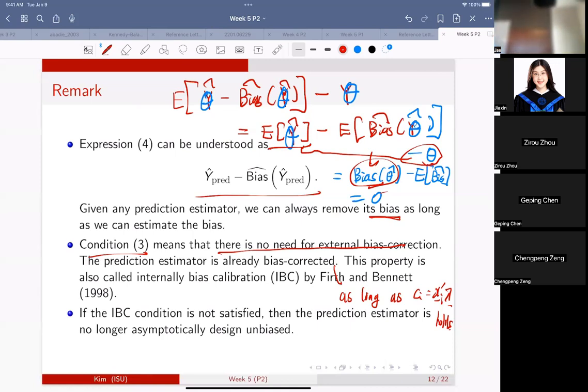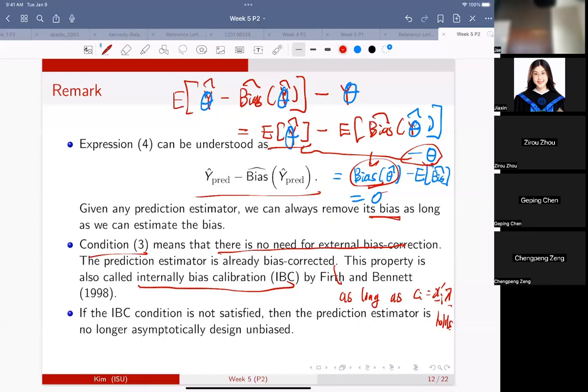This property can be called internal bias calibration. It's quite important to make a good name, it's kind of branding. So maybe IBC is probably better than bias corrected estimator. I like this term because it's clearer and emphasizes the concept.